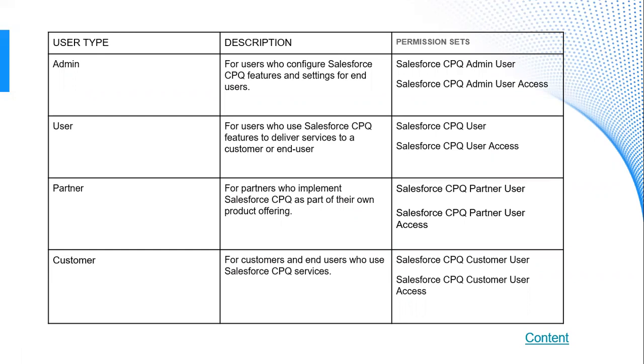Partner permission sets are for the partners who implement Salesforce CPQ as part of their product offering. Suppose a company uses a channel selling model, where we have partners who refer leads to our company. In that scenario, for our channel partners, we will be using the partner permission set.